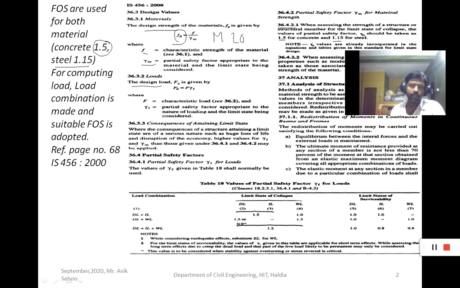Now to get the design load, because in working state method the working load is considered, whereas in limit state method the design factored load is considered, and the factor for the different loads, because different loads may come on structures like the dead load, imposed load, live load, wind load, and also the earthquake load.